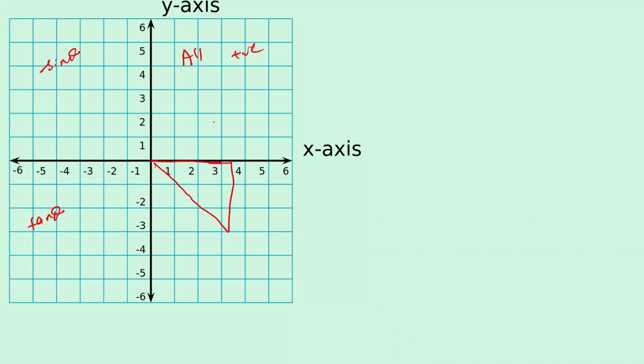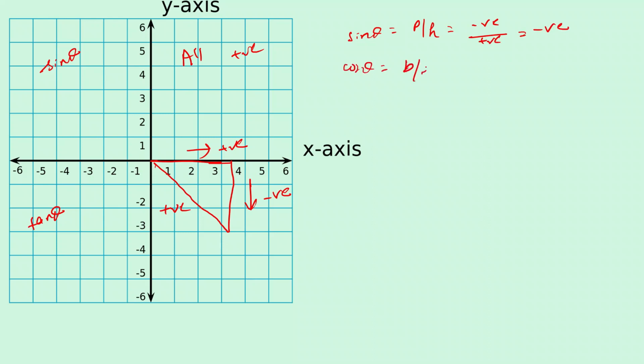So in the fourth quadrant, we see that base is positive, perpendicular is negative, and hypotenuse is always positive. So what is sine theta? Perpendicular by hypotenuse, perpendicular negative, hypotenuse always positive, so sine theta is negative.